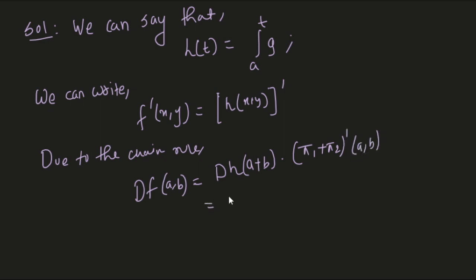So this is basically dh of pi 1 plus pi 2 at a comma b multiplied by pi 1 plus pi 2 whole prime at a comma b. Now the derivative of h can be found from the basics of calculus.